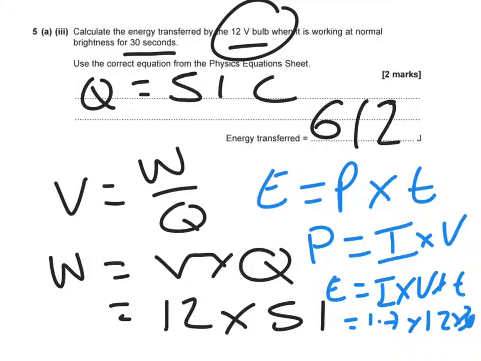And that should give us the same answer. Putting that into the calculator, it gives you the same answer, which is 612 joules. I personally find the first method more straightforward, but you use the one that makes the most sense to you.